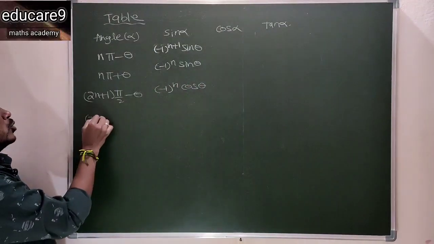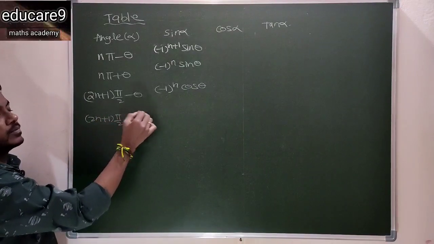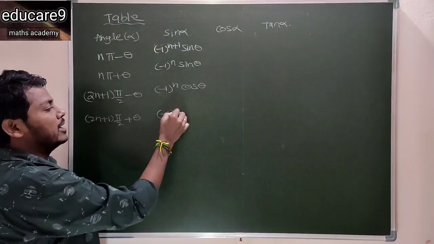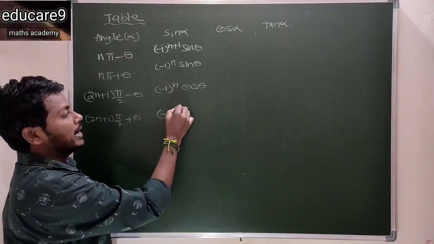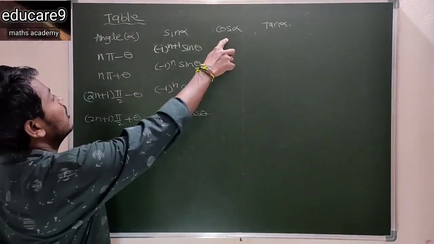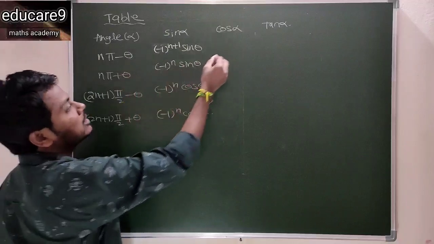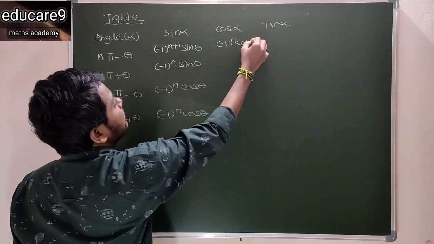So next, (2n plus 1) into pi by 2 plus theta. In that case, sin of ((2n plus 1) pi by 2 plus theta) is (minus 1) power n cos theta. Next, cos of (n pi minus theta). This is (minus 1) power n cos theta.